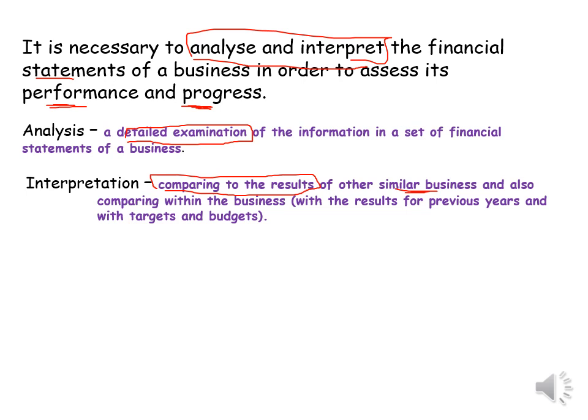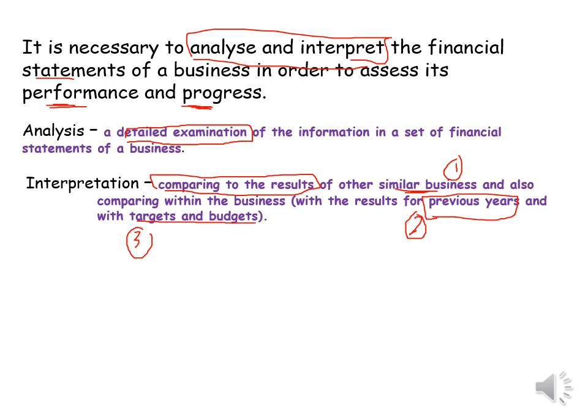Same industry, so we can compare company A and company B. Another comparison that the accountant normally does is to compare with the previous year. First, we can compare with other businesses. Second, we can compare with previous years. Third, we can compare with the budget or target. Before we start the business, maybe we prepare budgets or targets.